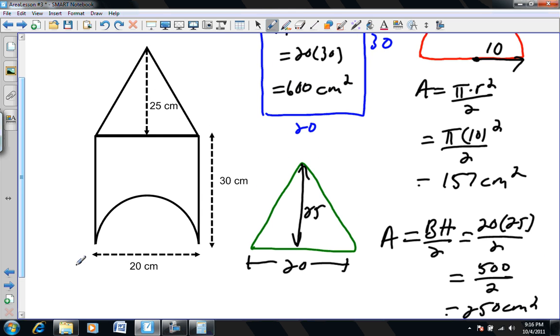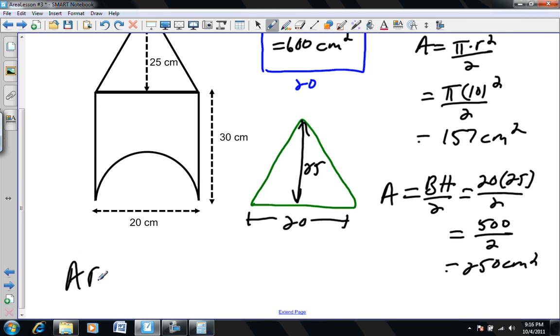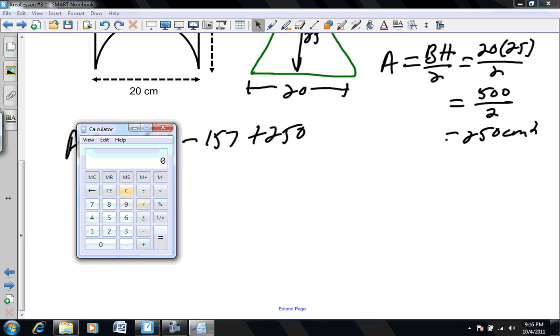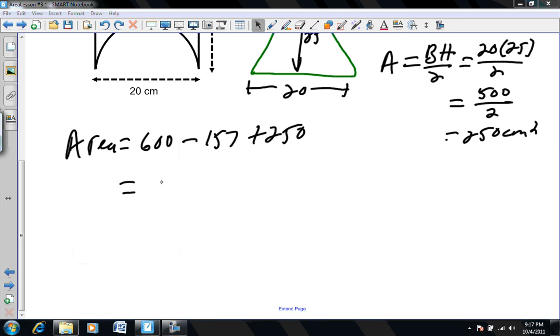My final area is going to be the area of my rectangle, minus my semicircle, plus my triangle. 600 minus 157, and I add on 250, and I get a total of 693 square centimeters for my area.